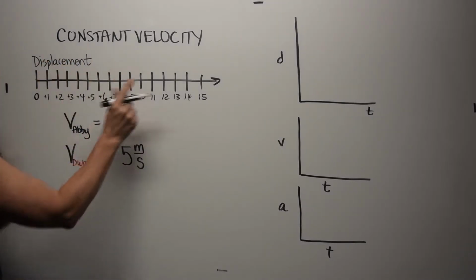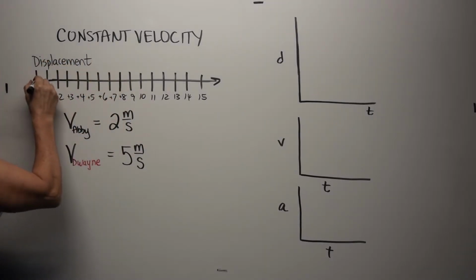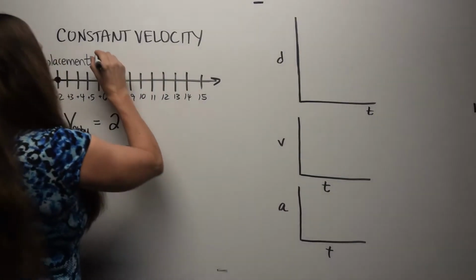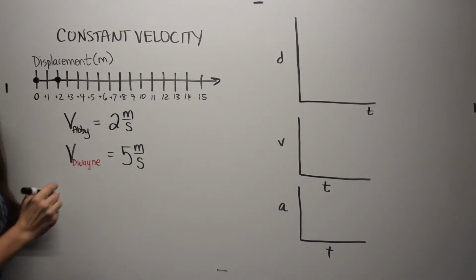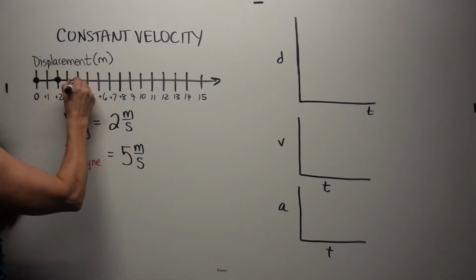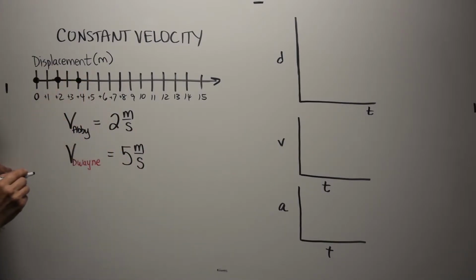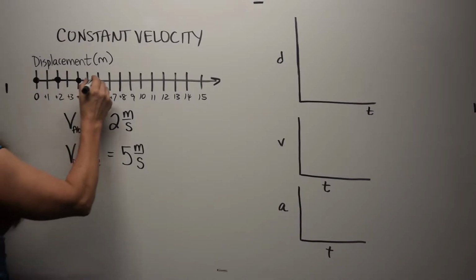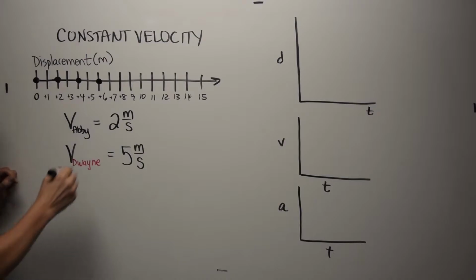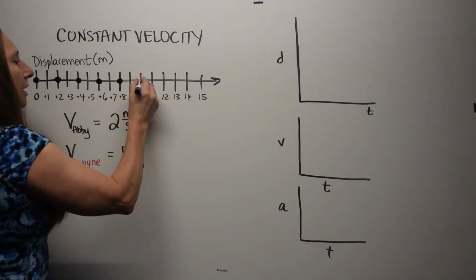So on a displacement number line, after 1 second, Abby would be at 2 meters. Let's put our unit here, meters. After another second, Abby would be at 4 meters. After another second goes by, Abby would be at 6 meters, and so on.